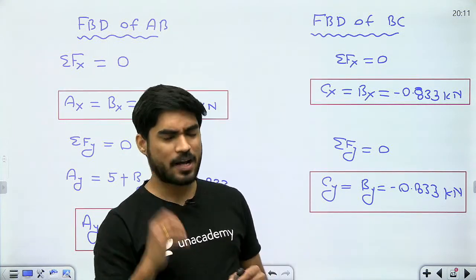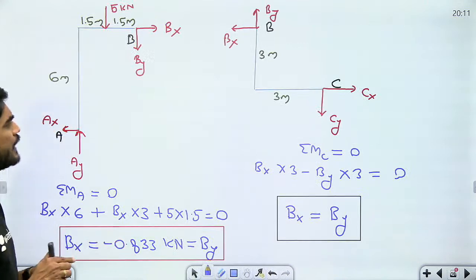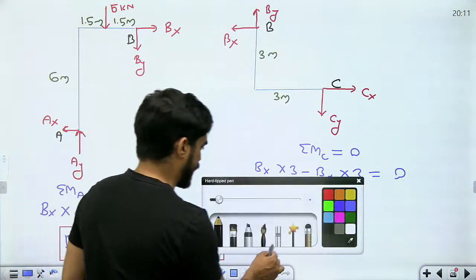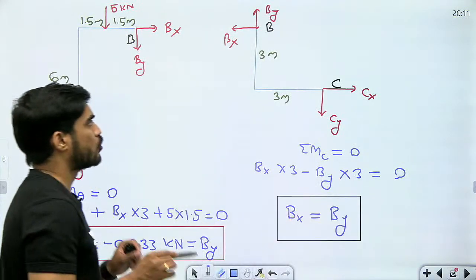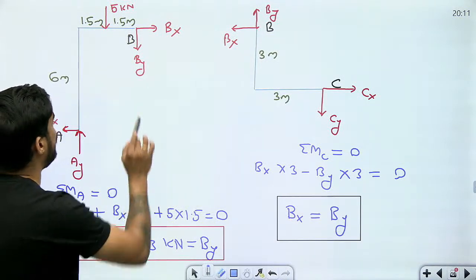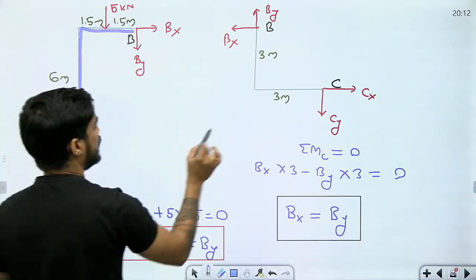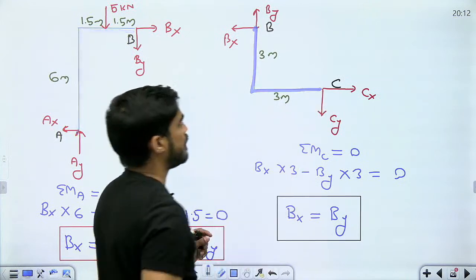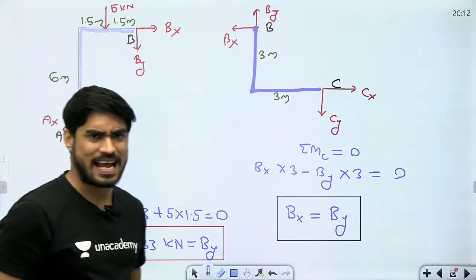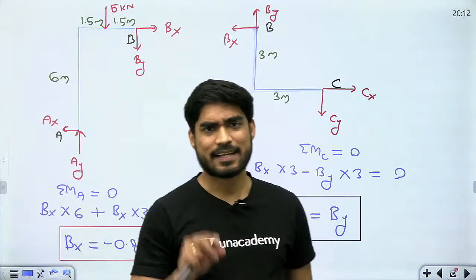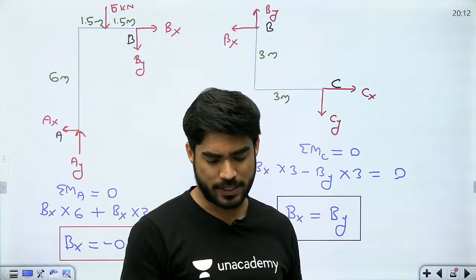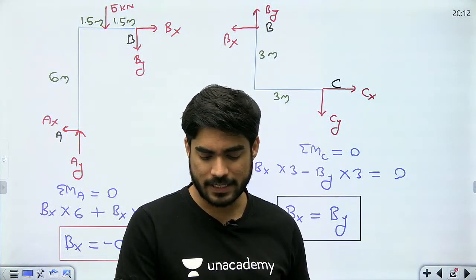चलो. Now understand beta. Look at the FBD. So in the FBD, you can clearly see that these two members are subjected to multiple forces, not two forces, but they are subjected to multiple forces. ठीक है? Is it clear?